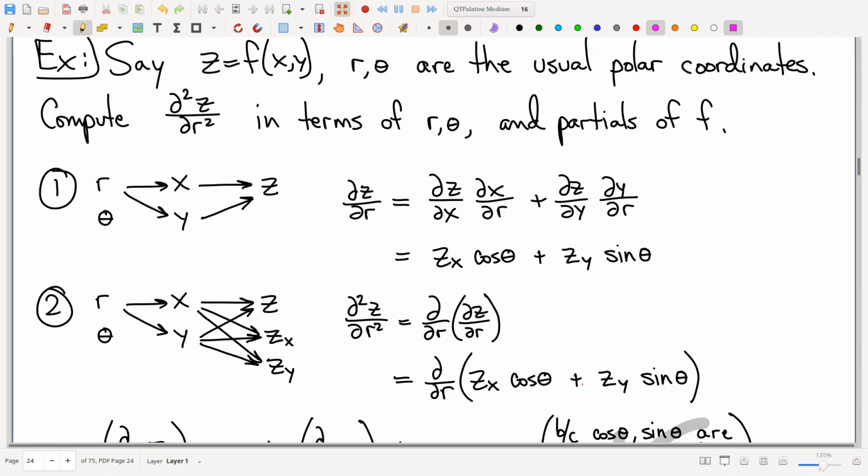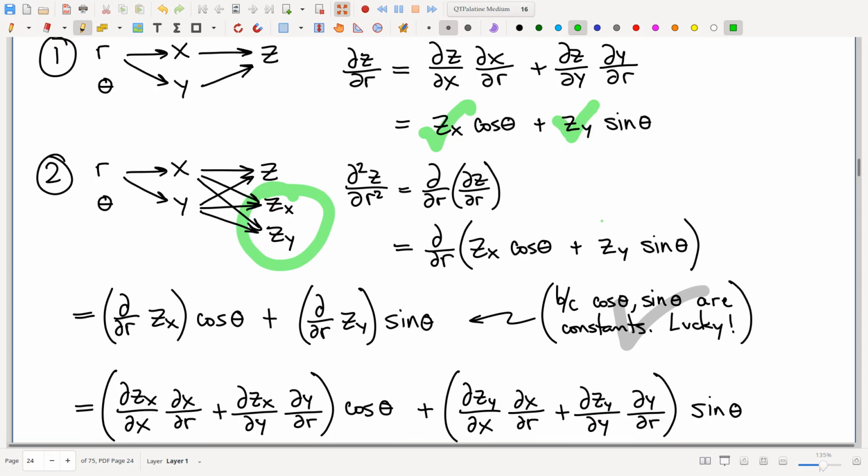And then the big trick, aside from just being careful, is don't forget to supplement your diagram as new things show up in your calculation. So when that happens, do that. Then just go slowly and carefully and watch out for whoopsies.